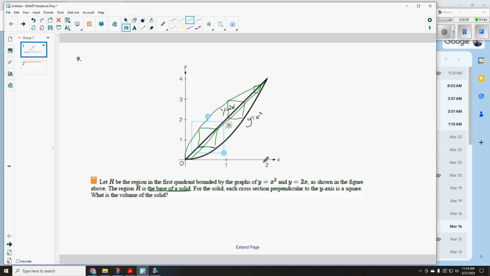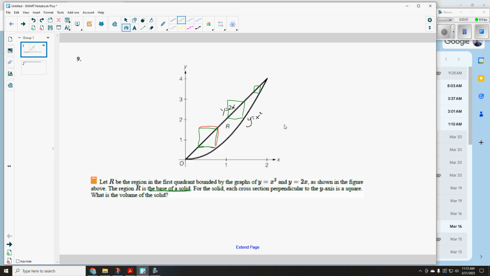Again, not a pretty picture, but maybe enough to give you an idea of what this thing would look like. And so I have a bunch of these squares, and if I gave them each a tiny bit of depth, then I would have the volume of each square. So what I need to do is have a sum of the volume of all of these little squares.